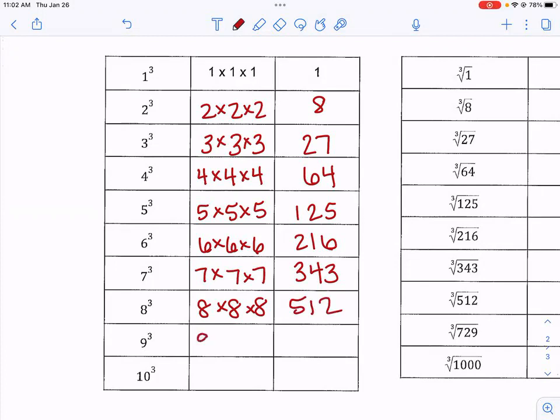I know, right? 9 cubed is 729. And what's 10 cubed?